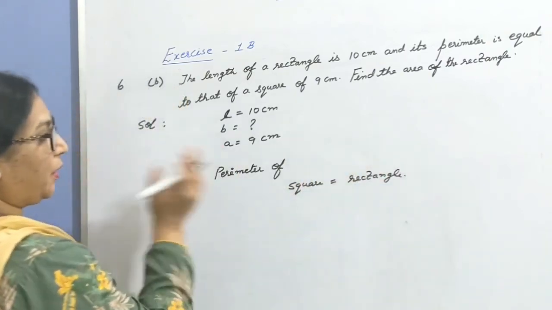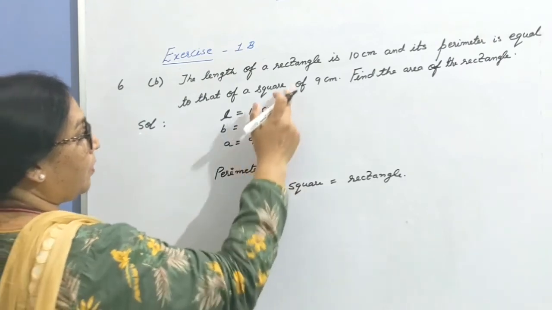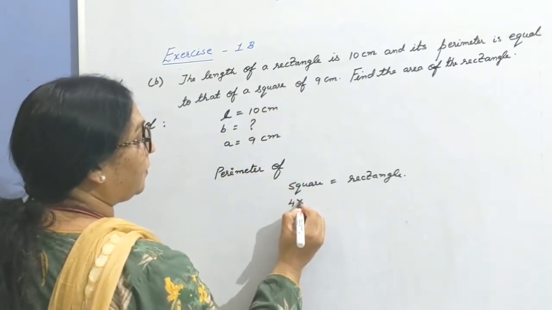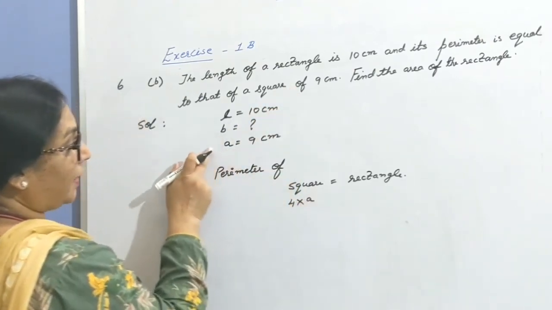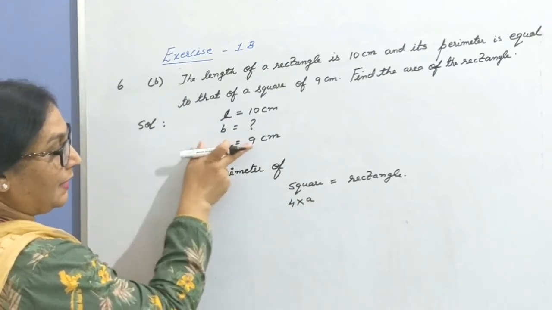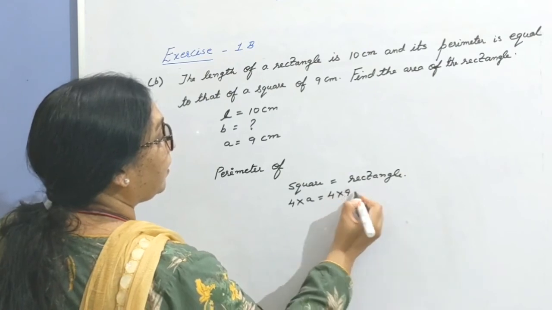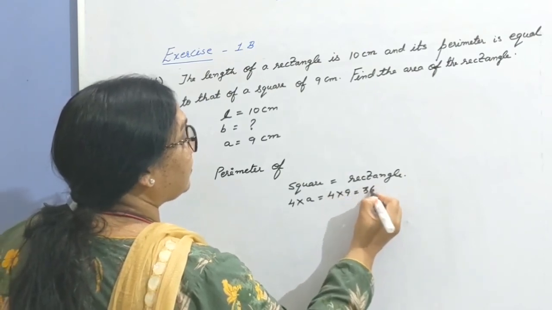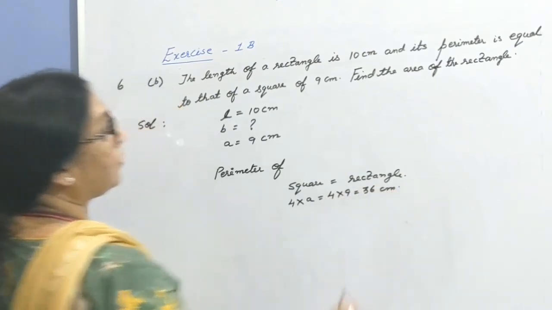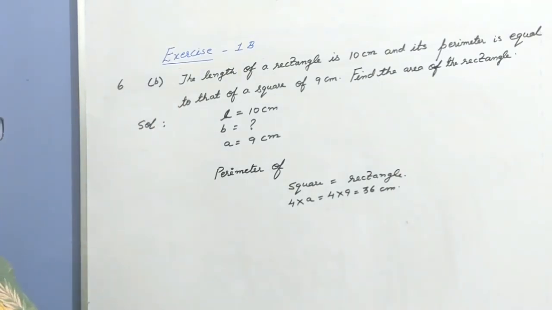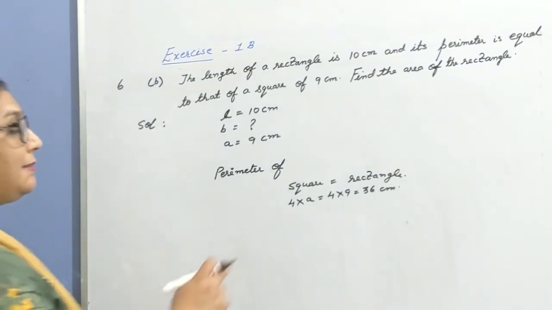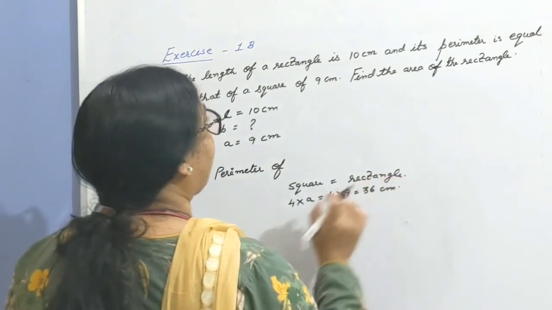Formula of perimeter of square is 4 times side. What is each side of the square? 9 centimeter. So it's equal to 4 into 9. Hence 36 centimeter. So what is the perimeter of square? 36 centimeter. And same is the perimeter of rectangle.